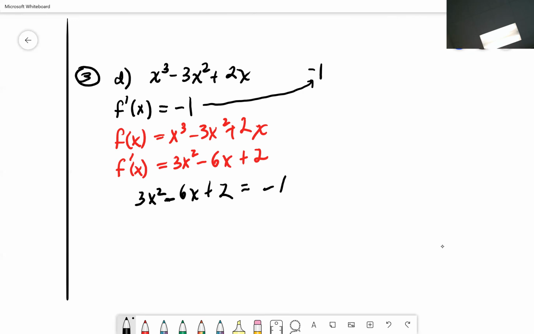So we have a quadratic. Let's go ahead and write it in standard form first. All right, so we wrote it in standard form. And this feels like it's going to be factorable. I might be wrong, but it feels like it might be. So I'm going to go ahead and factor a 3 just because I can.